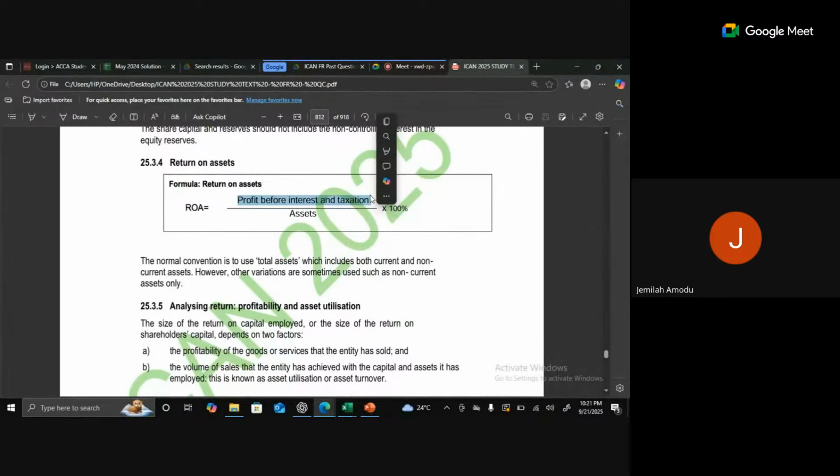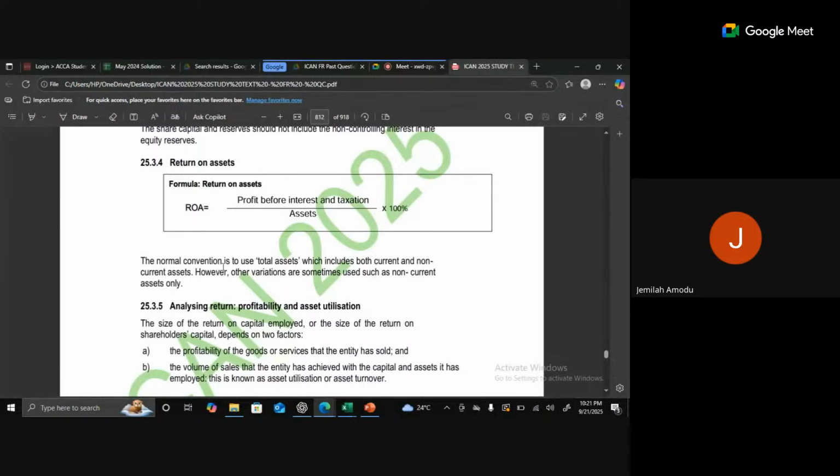Because that is what you use to measure your performance or your return, right? Then assets, return on assets. You are comparing your profits with the assets you are using to generate that profit. That is what you want to see, the ratio of your asset against the profit you are making from that asset. So that is basically what you are looking at.